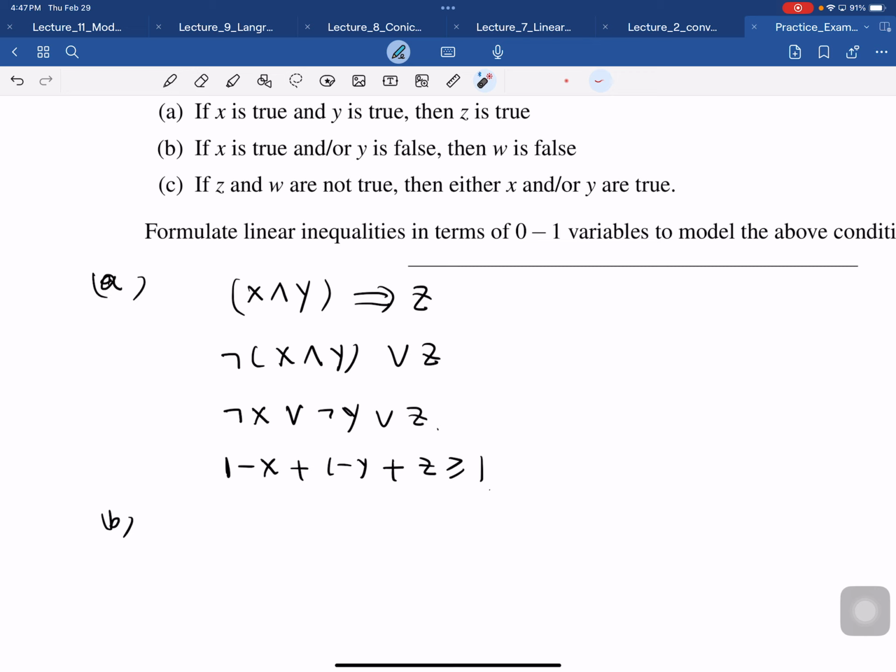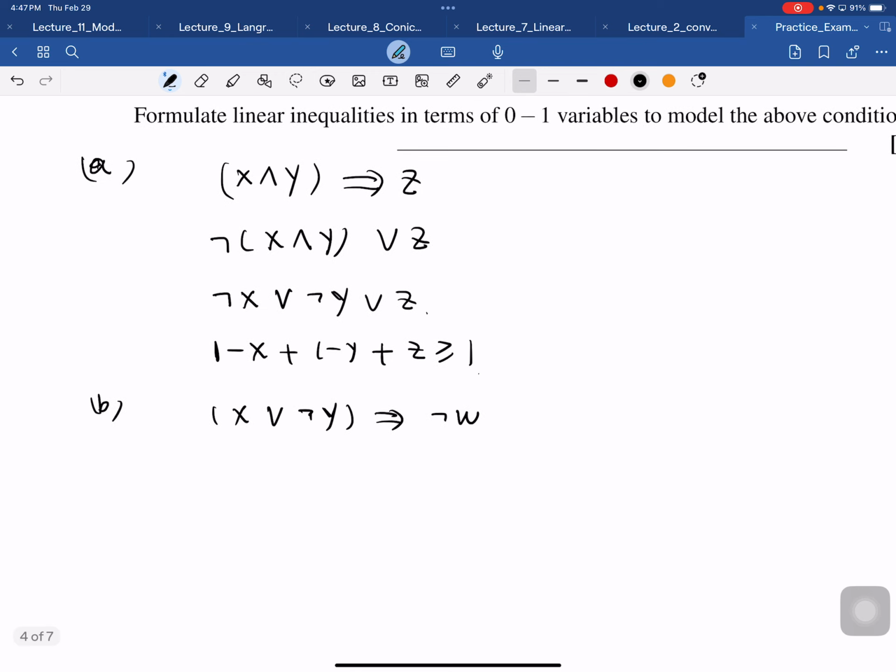So you can write the logic proposition as x or the negation of y implies the negation of w. Right? That's the logic proposition here. Any questions so far? Okay.